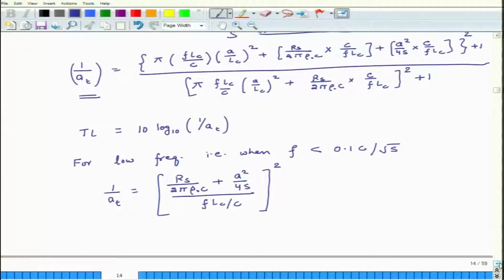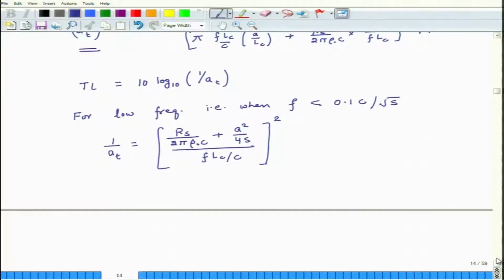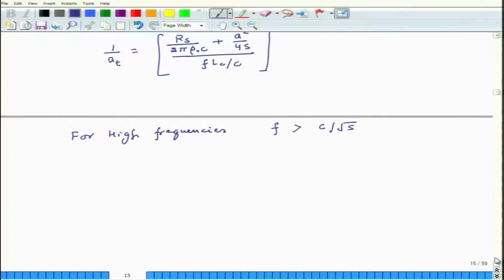So, this is a simplified version, and for high frequencies, and what do I mean by high frequencies? That is when F is very large compared to C divided by square root of S. In that case, 1 over AT is approximately equal to 1.